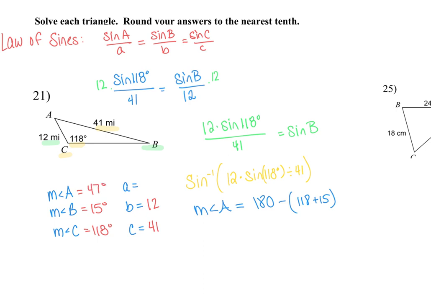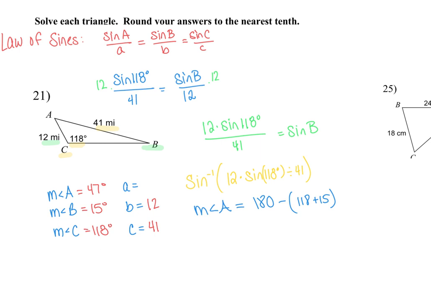Now, this is not a right triangle, so I cannot use Pythagorean theorem to solve for that third side. I must use law of sines to solve for the third side, but I needed angle A to do that. So I am going to solve for side a the same way I solved for the angle B. But I'm going to reciprocate my ratios, which is fine.